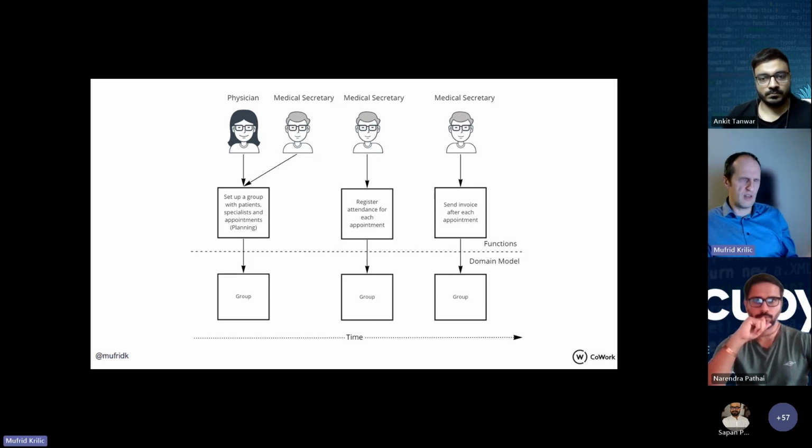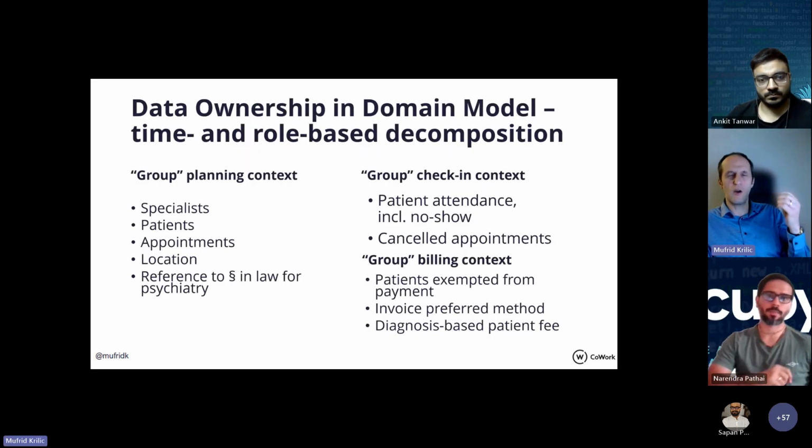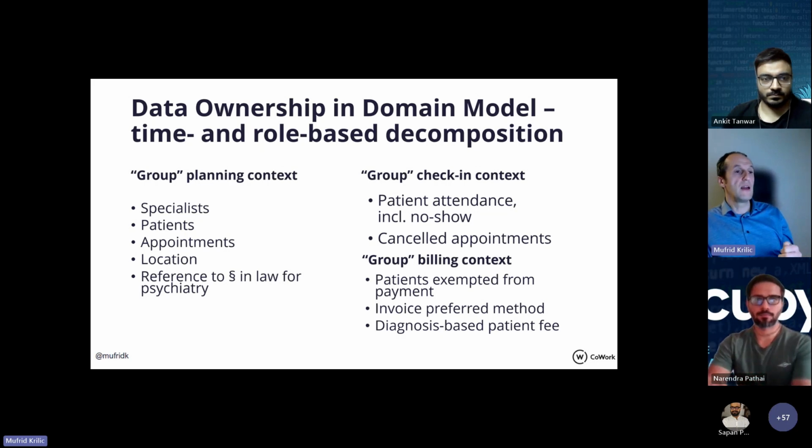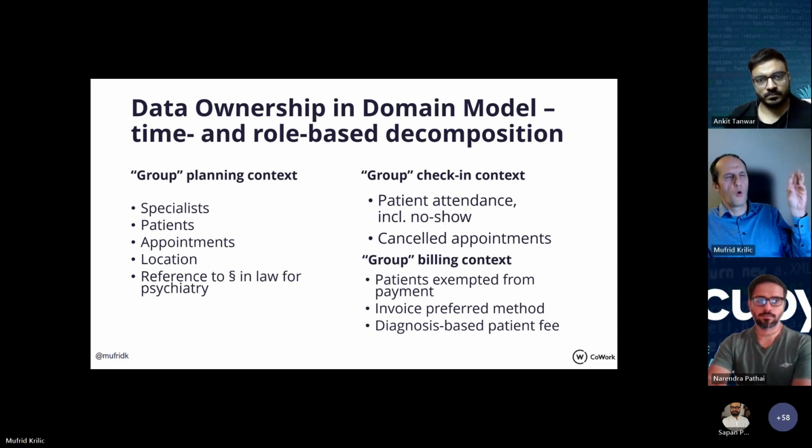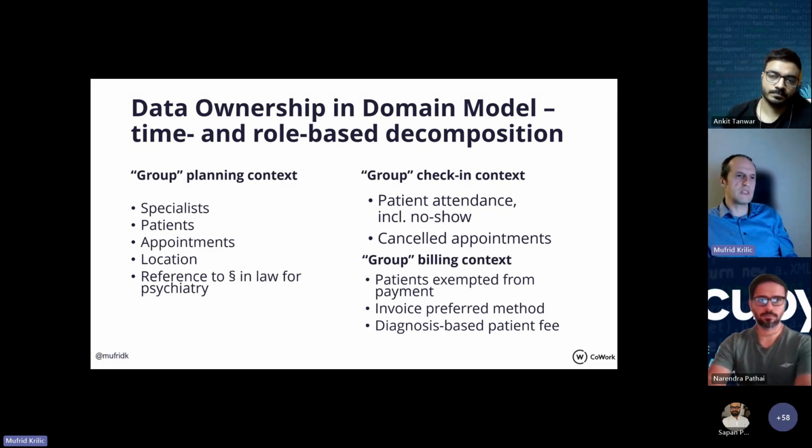Okay, can we go even further? What does data ownership tell us? Well, it gives even more nicely aligned property distribution. So we still have this planning context: who is involved in the planning, setting up the group? Who is involved in the check-in process? And what properties are involved in the check-in process, of course, and what properties are involved in the billing context, because billing is the last step of the business process.